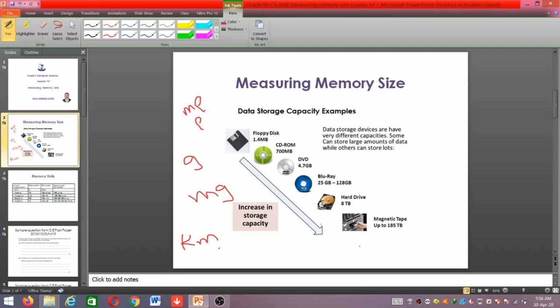If you want to buy a sheet of cloth, how much? So these units represent how much data we have. 700 MB is the maximum it can store, but there can be less. 4.7 GB is the maximum. Right, so what are these storage units exactly and what do they represent? We will see in the next slide.